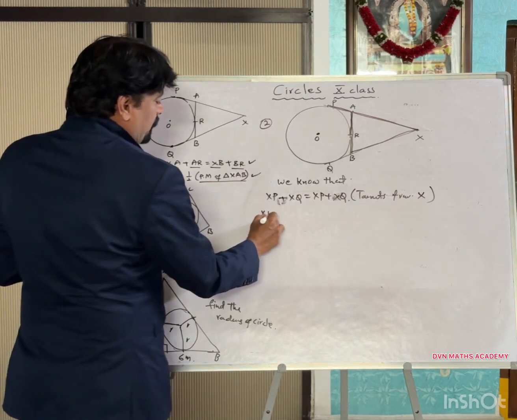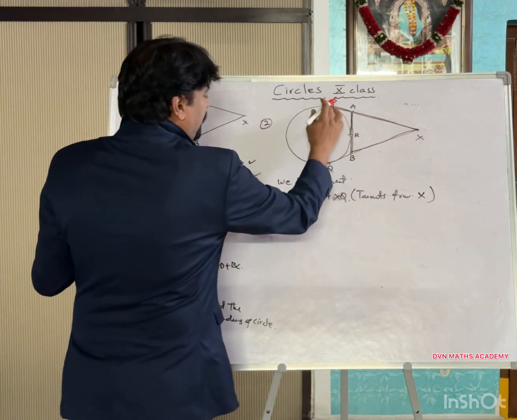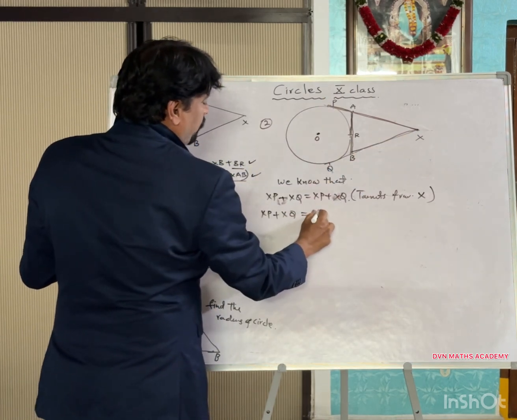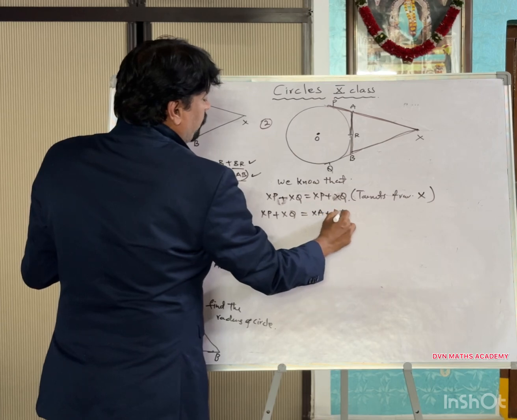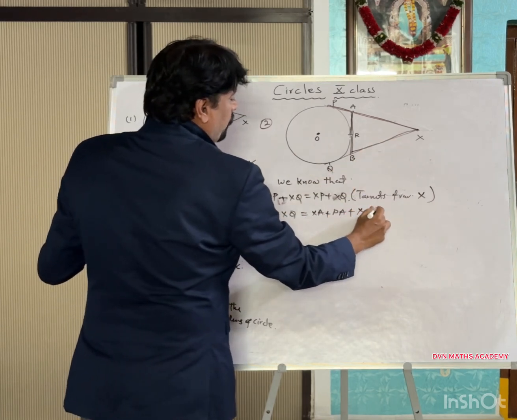Again, XP I can write as XA plus PA, and XQ I can write as XB plus BQ.